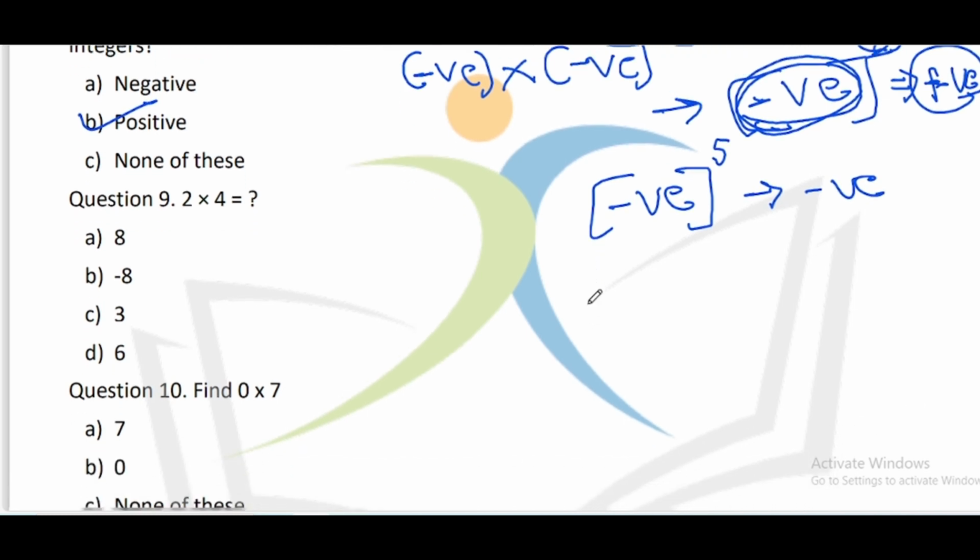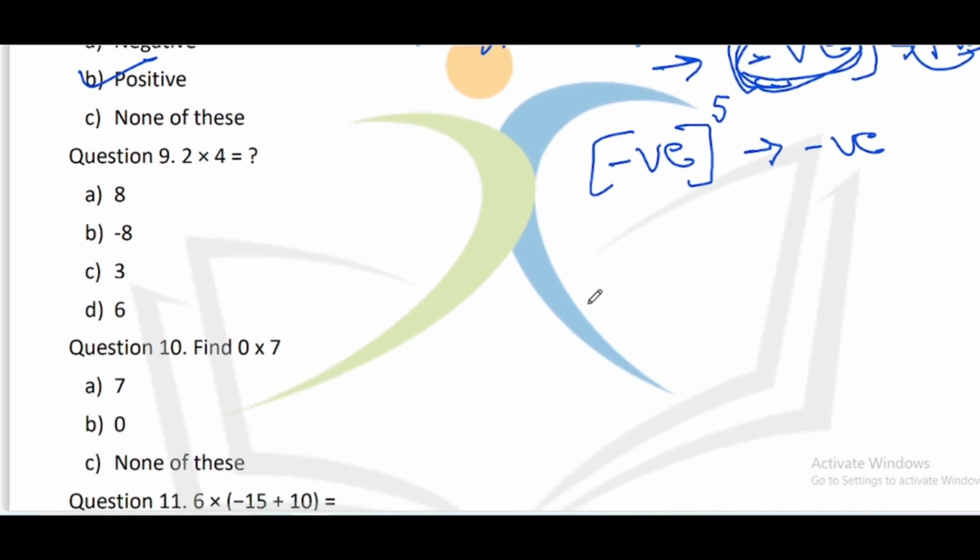Let's see question number 9. If we multiply 2 with 4, first we multiply the symbols. The symbol of the 2 is positive, multiplied with the symbol of the 4, that is also positive.